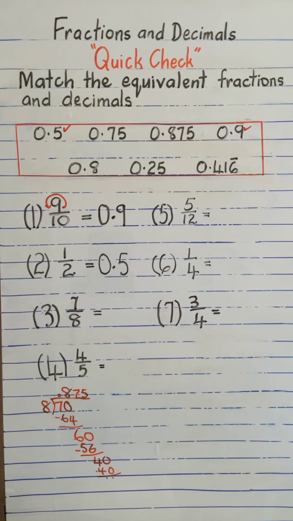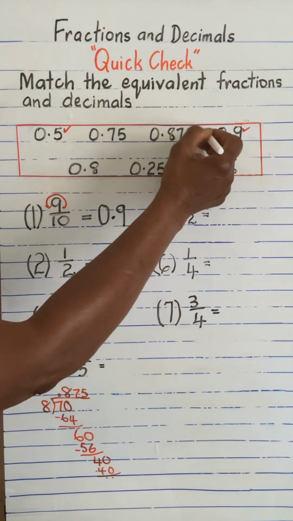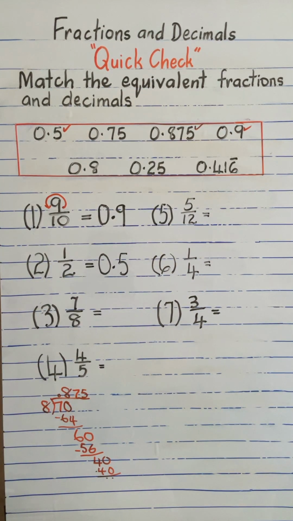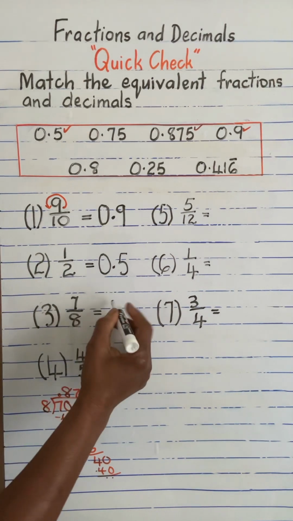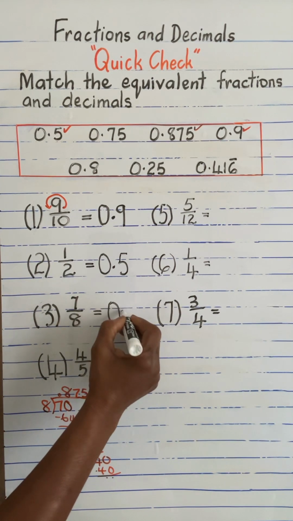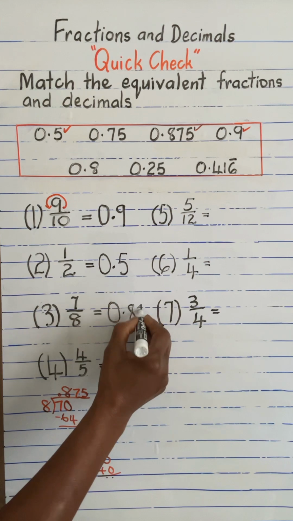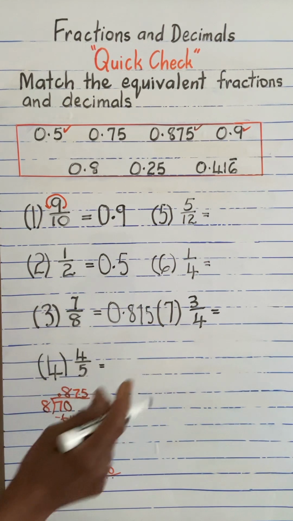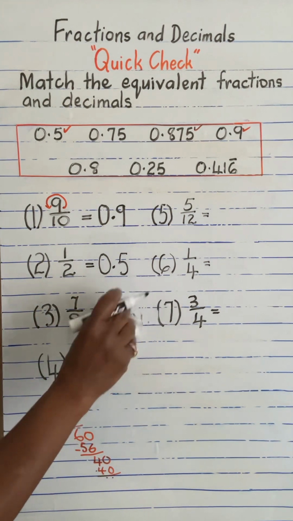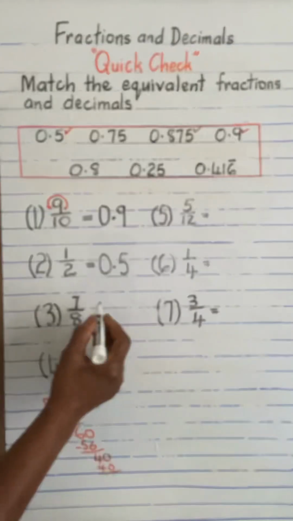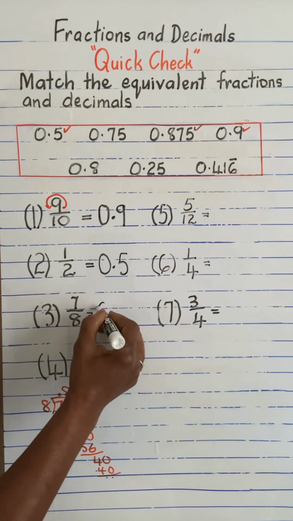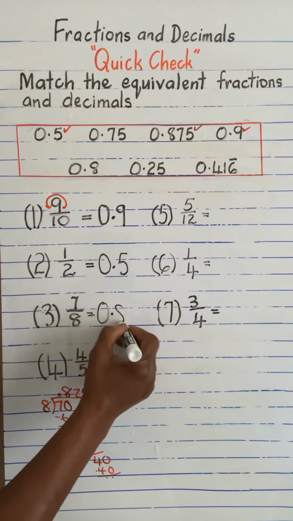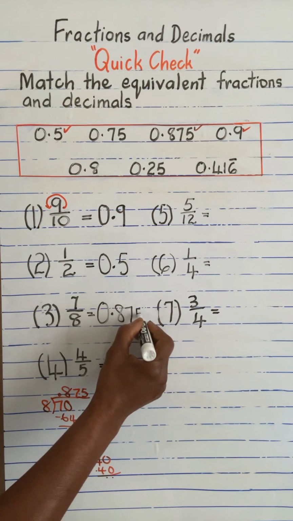So 7/8 is equal to 0.875. 0.875, and we have it right here. We check that one off.